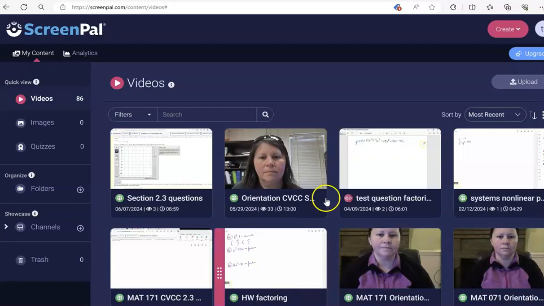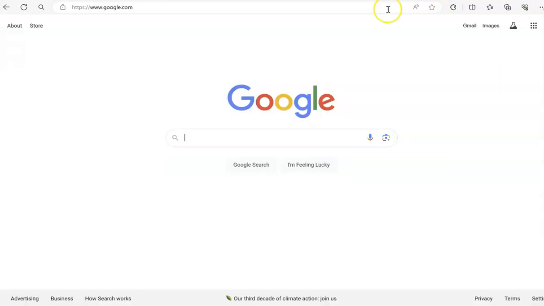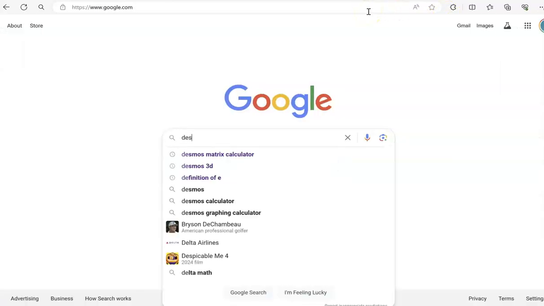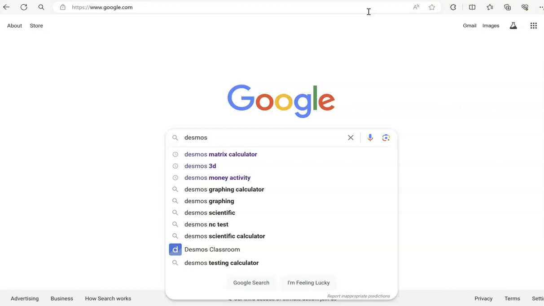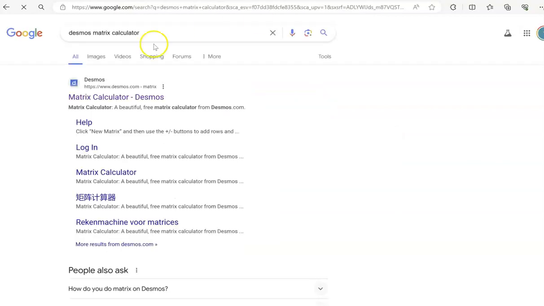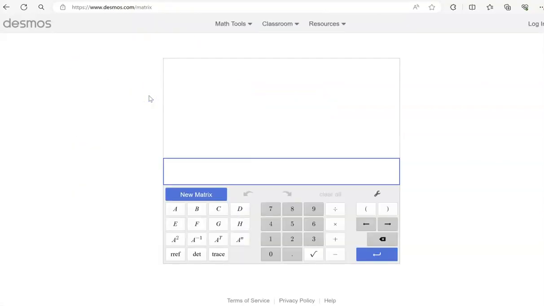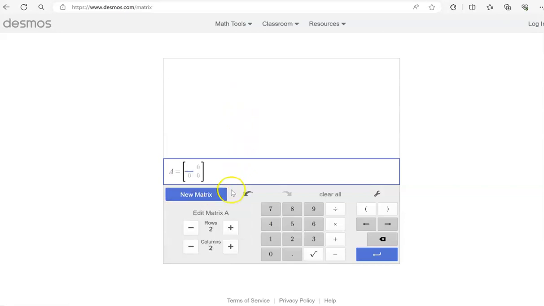So now I'm going to go over here, and I'm just going to type in Desmos matrix calculator. And I'm going to create a new matrix. I need 2 rows and 3 columns, so I'm going to take this to 3, and I'm just going to type in what my matrix was.